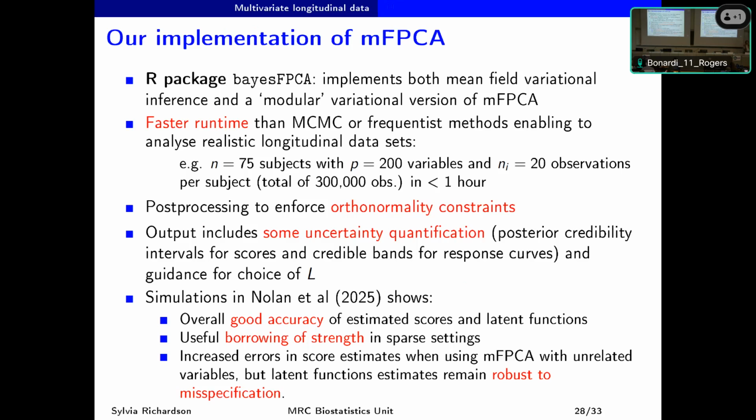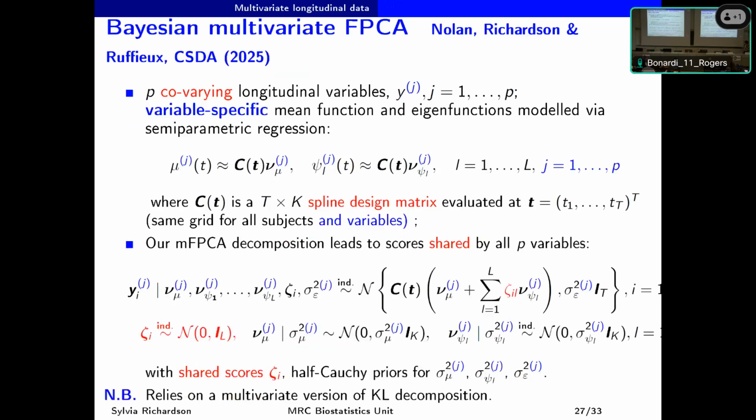What's interesting here is that there is one score per person for each eigenfunction across the p variables. This is the basis. You have a multivariate decomposition, and then this is your loading. That is good if you've got a set of covarying variables, if you think there's disease progression and that the p variables are related in some way.